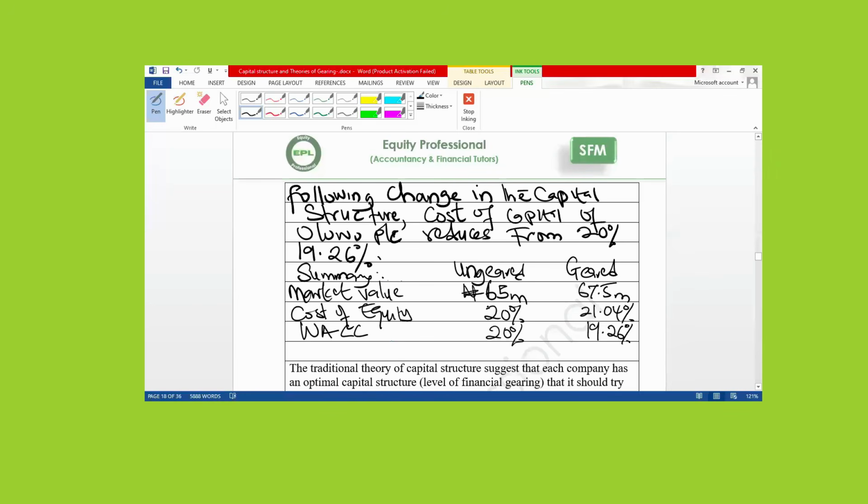The increase is to compensate the shareholders for the financial risk of introducing bonds. We have introduced financial risk to the business.